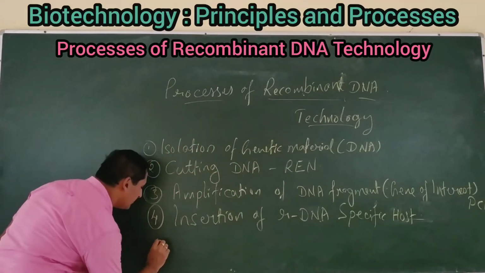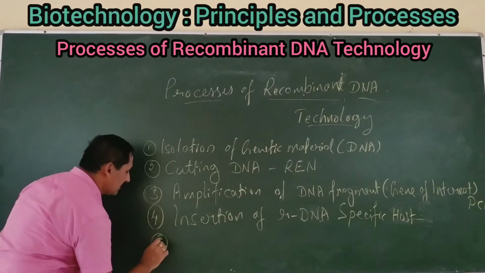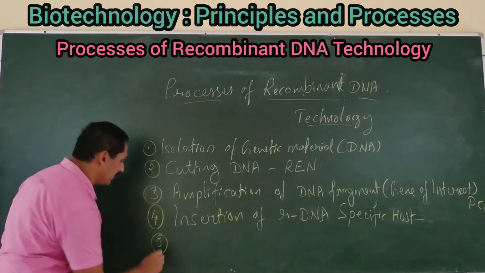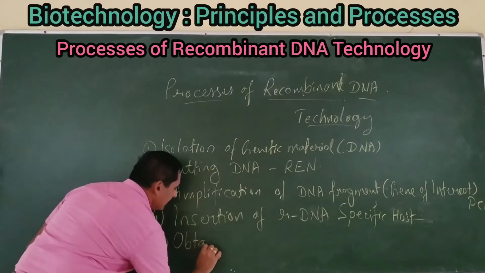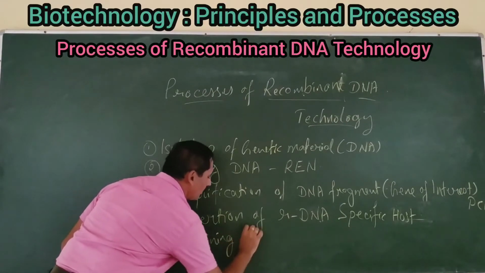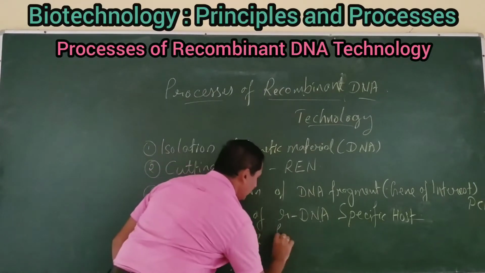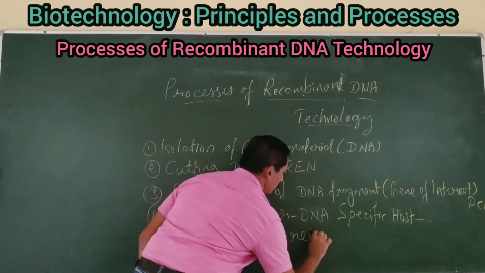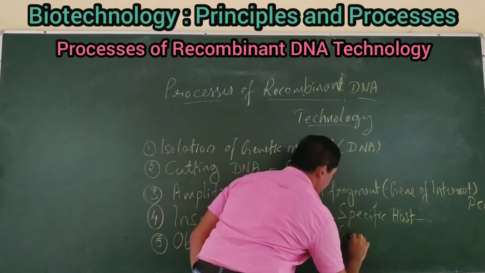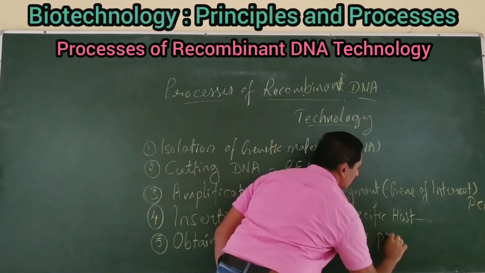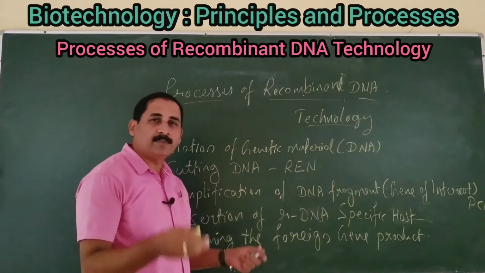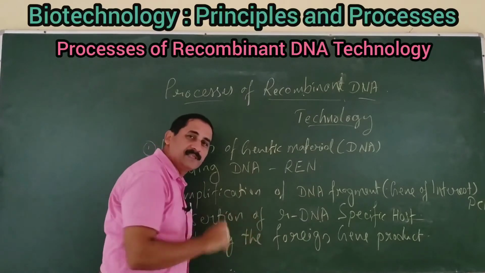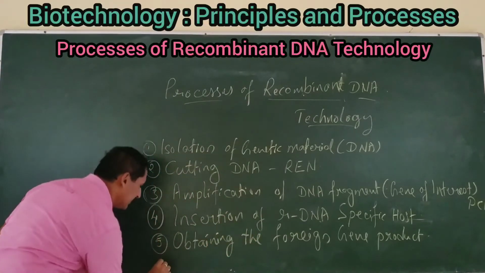In the fifth step, obtaining the foreign gene product. The foreign gene product is obtained by using a bioreactor or fermenter.